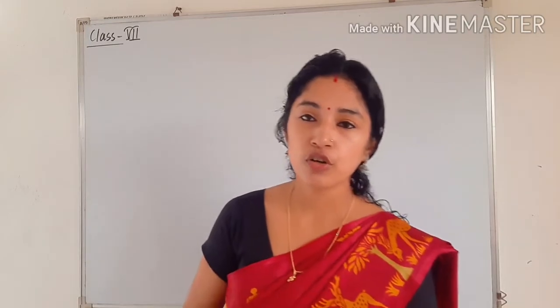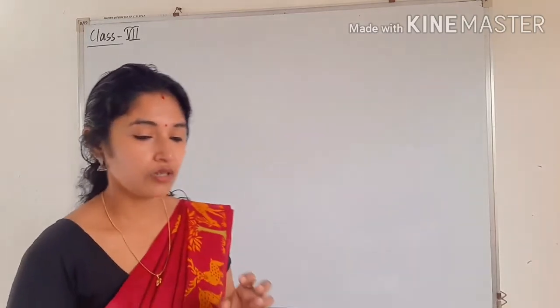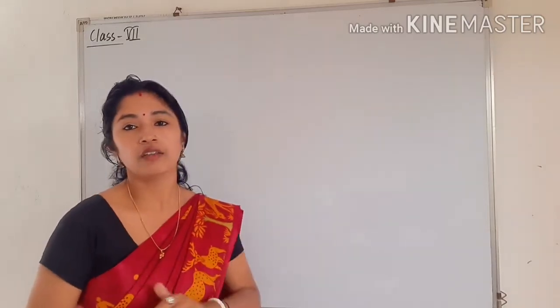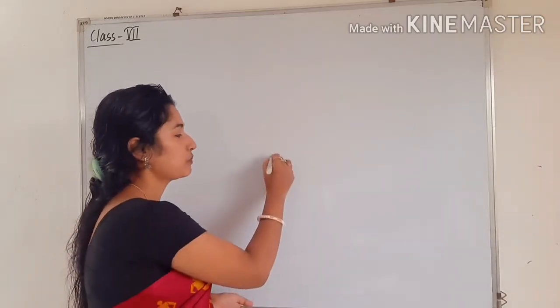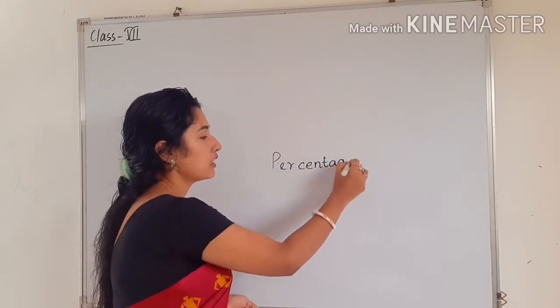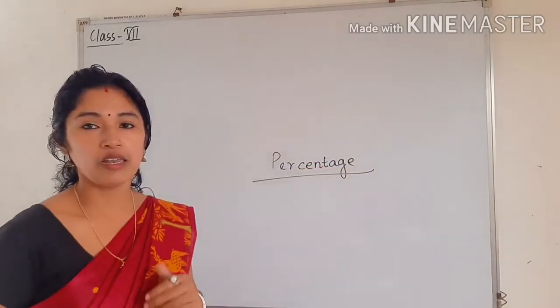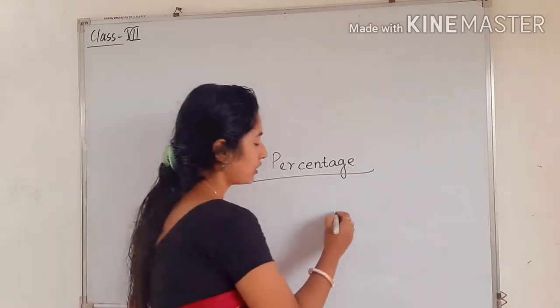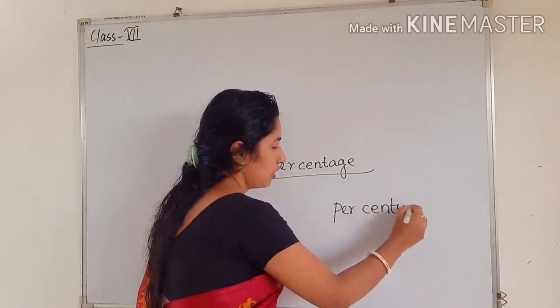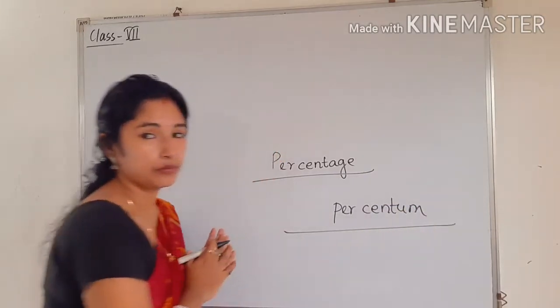First of all I am coming to the basics of percentage, from where the word came. So what is percentage? This word comes from a Latin word, and that word is percentum.